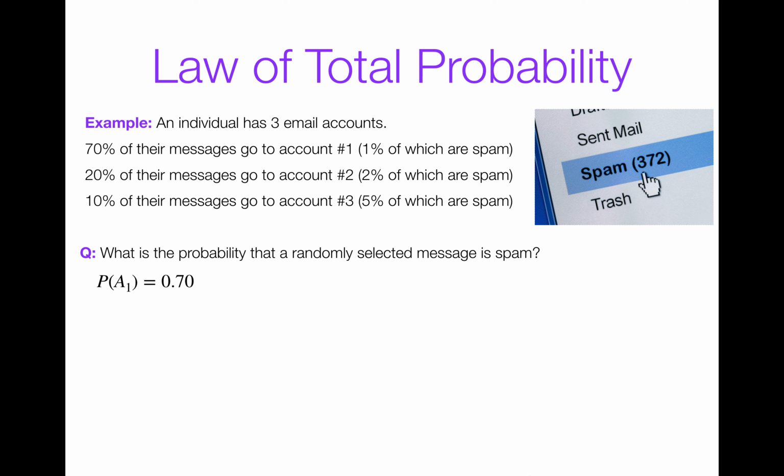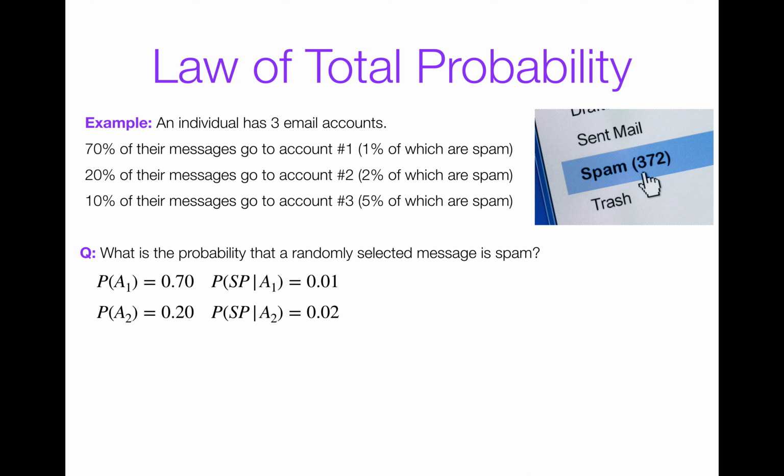We're going to go ahead and just write down what we know. So we know that the probability that a message goes to account 1 is 70%. We know the probability that a message is spam given that it was from account 1 is 1%. We know the probability that a message goes to account 2 is 20%.